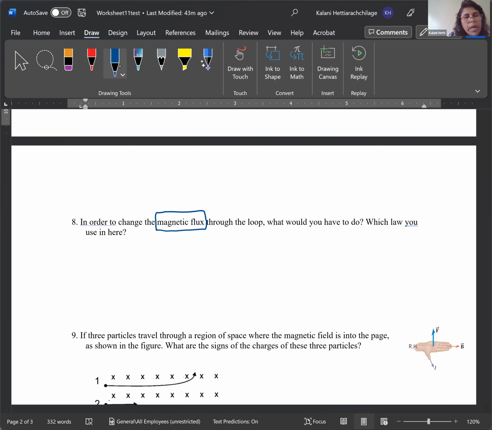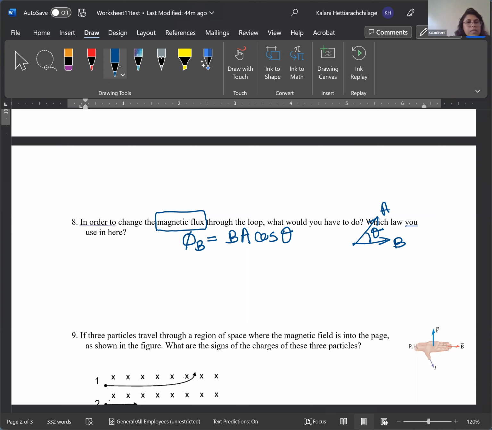We call it magnetic flux. We use the symbol Φ_B, and we can calculate it by using magnetic field times cross-sectional area times cosine of theta. That means if you have B in this way, A in this way, then the angle between these two is theta. Okay, that's the way that you can calculate the magnetic flux.